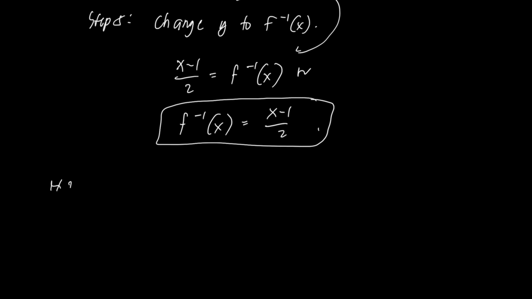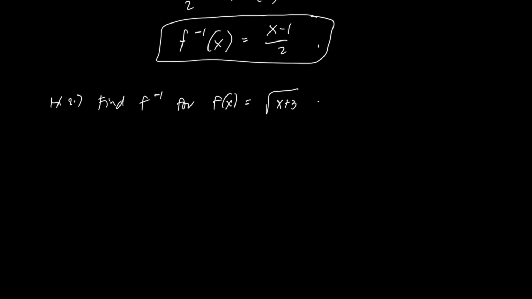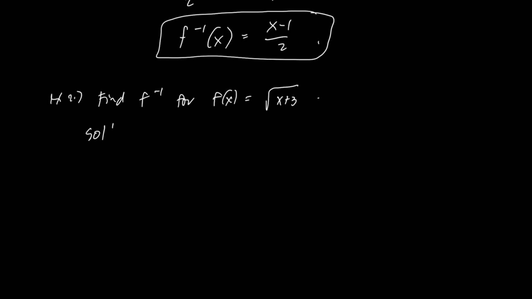Let's have another example. Find the inverse function for f of x equals square root of x plus 3. Solution. Step 1, check if it's one-to-one. So let f of a equal f of b.